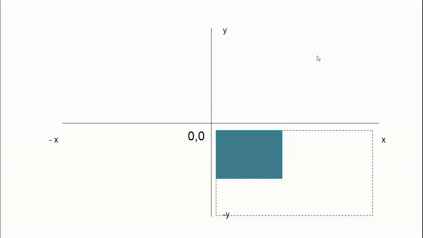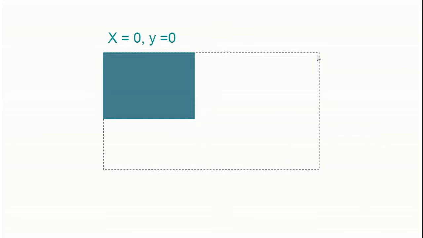Now let's go to the next slide, and here as you can see, if we have this positive x, that means if I provide some left value as positive, it will move towards the right, and if we provide some y value or top value, it will move downward. So that is the concept over here.